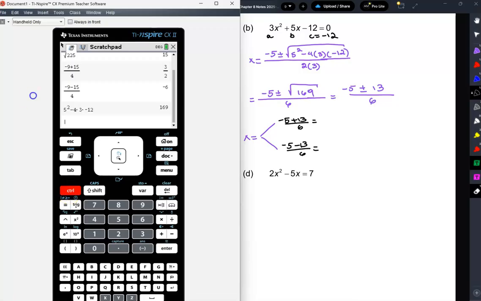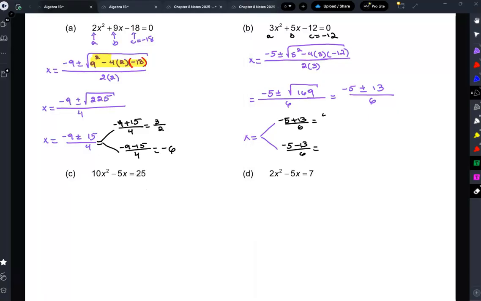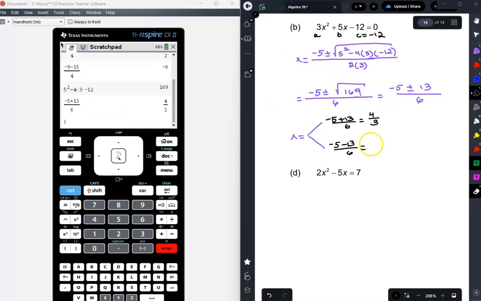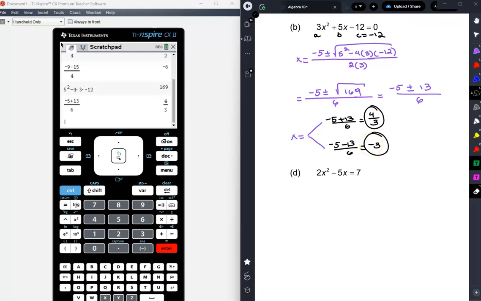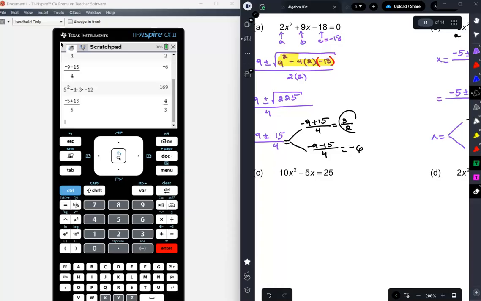All right, so control fraction, negative 5 plus 13 over 6, 4 over 3. And then go ahead and plug in the next one. All right? So my answer here is 4 over 3 and negative 3. My answer for the previous one was 3 over 2 and negative 6, right?